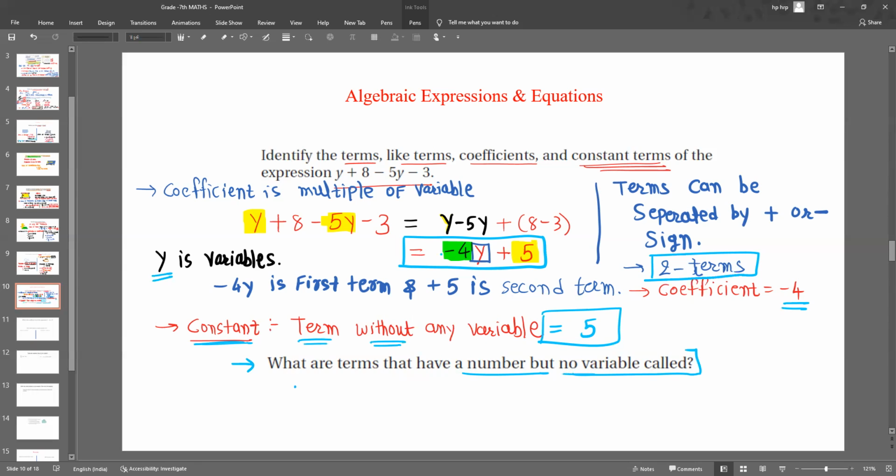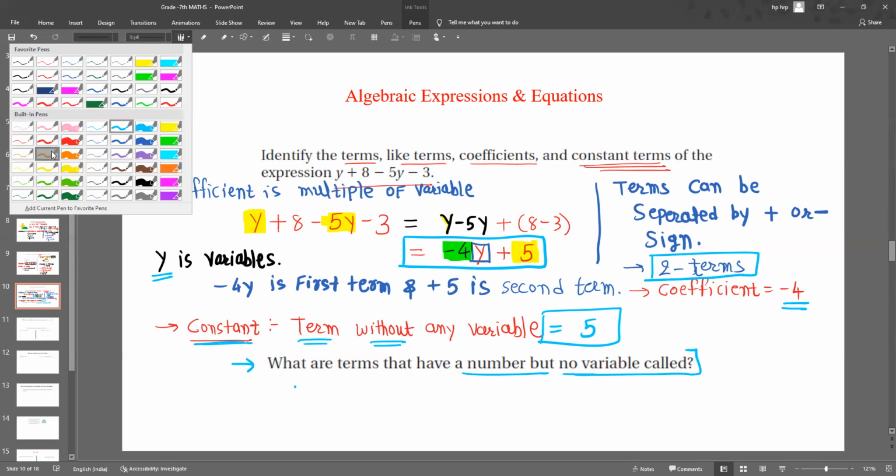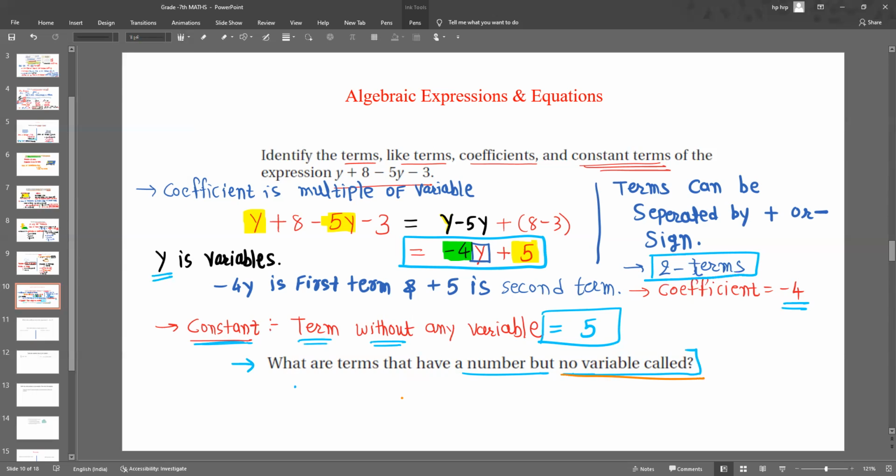So the expression is like 3, 2, -1, 17: any number is there, but no variable. Understand? Any doubt in this one?